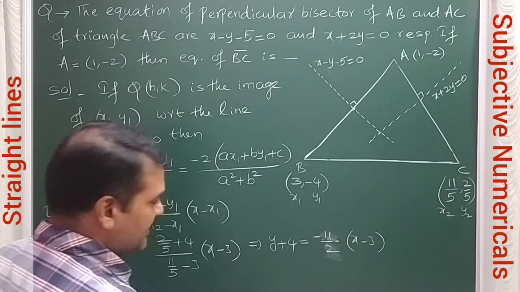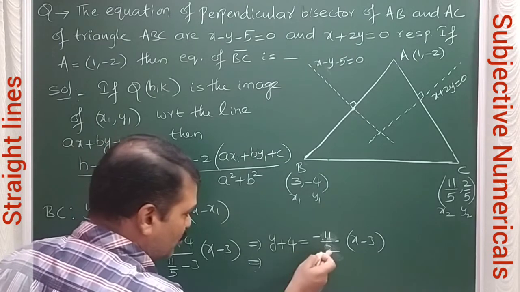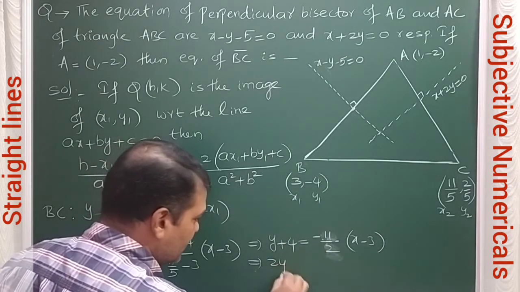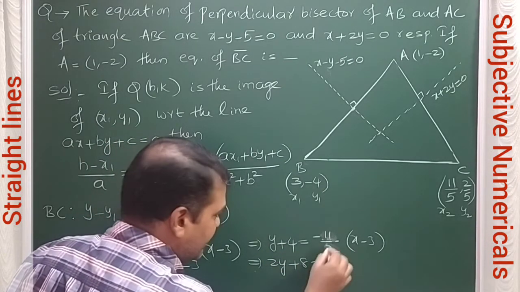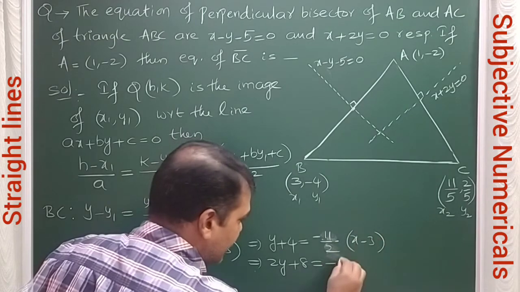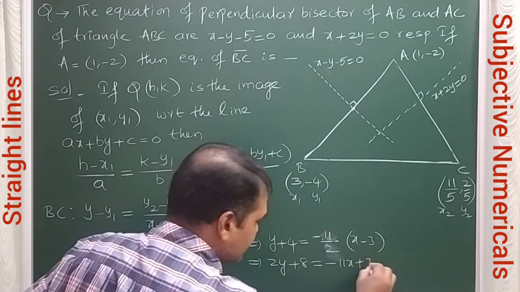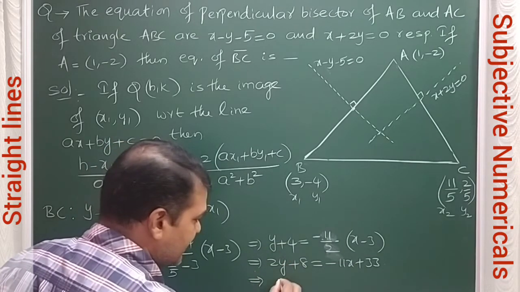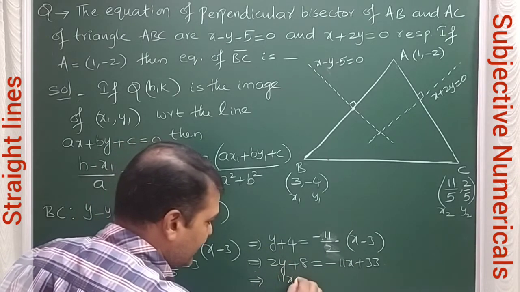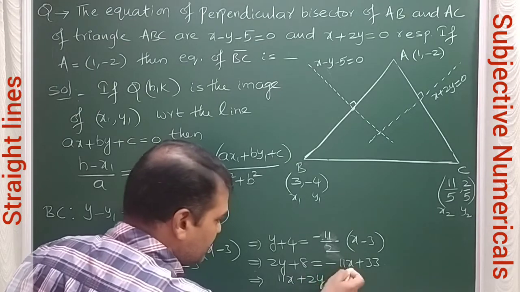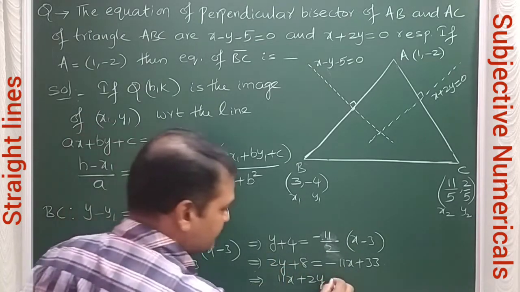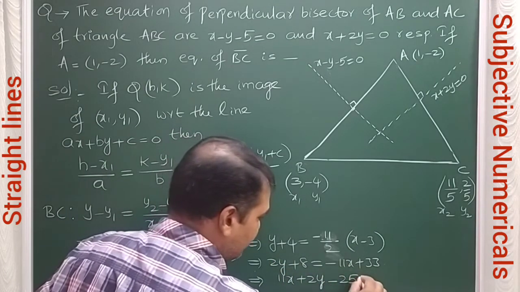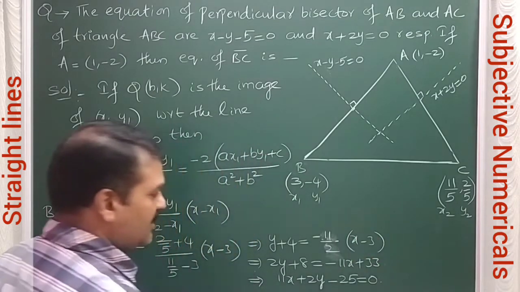Cross multiplying, 2 into (y plus 4) is equal to minus 11 into (x minus 3). Write all the terms on one side, so you are getting 11x plus 2y minus 25 is equal to 0.